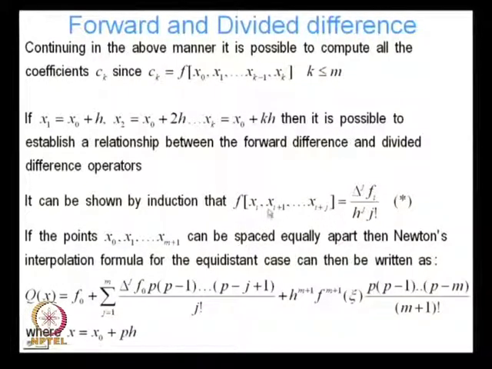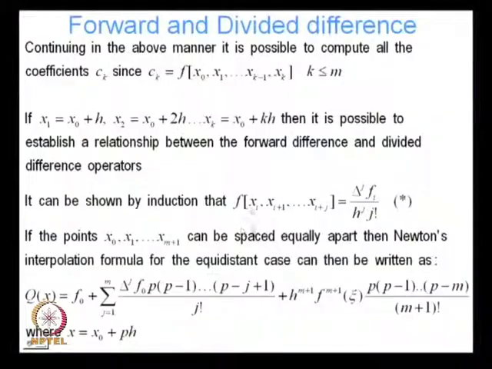It sort of makes sense, right, because you can think of it that the first time, if I have fi, I operate on that with the forward difference operator once. What do I get? I get fi+1 minus fi. I operate again, and again, I do it j times, I get this thing. It can be shown, and it is best shown by induction.